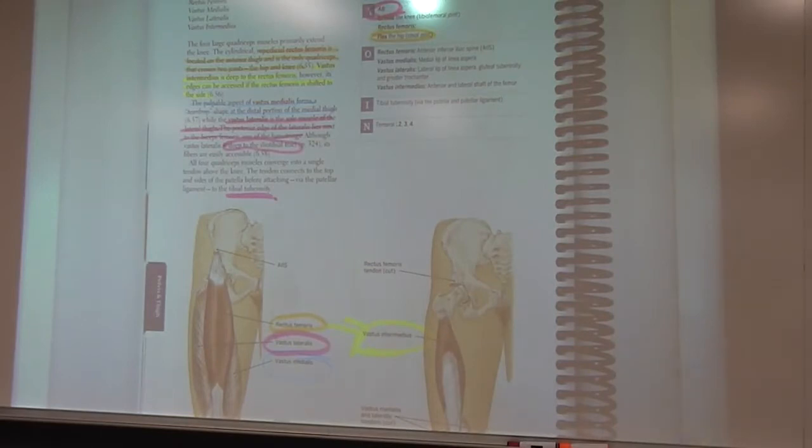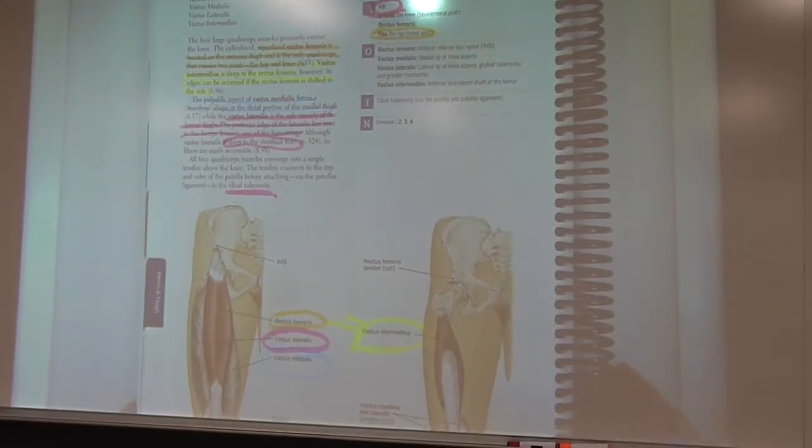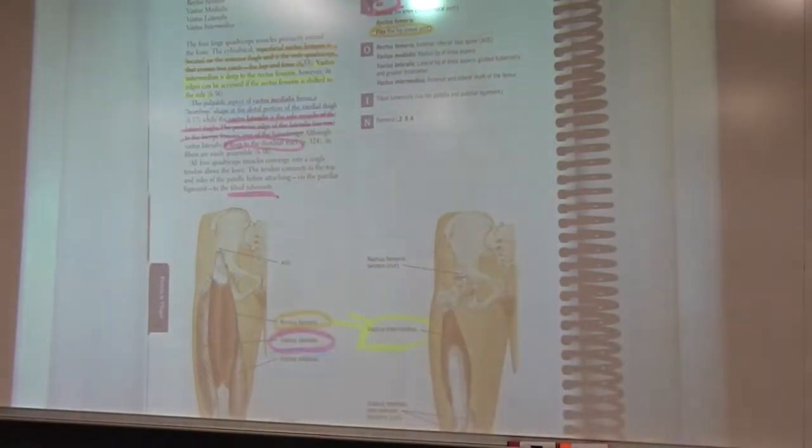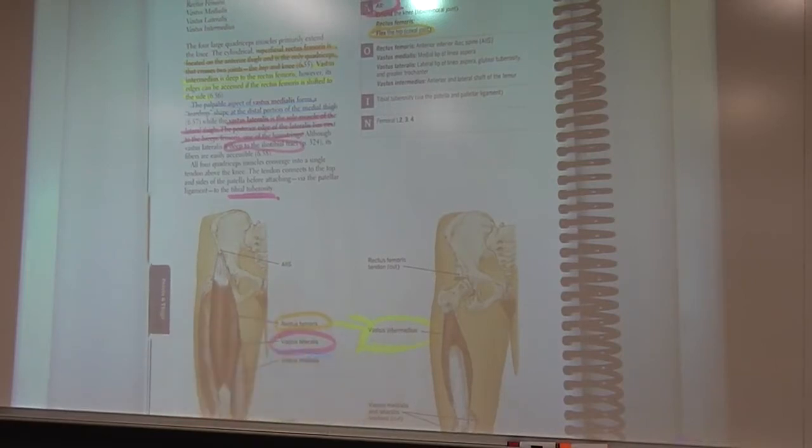So also, we can look in the paragraph and see that vastus lateralis has an edge that lies between biceps femoris, which is one of our hamstrings that we haven't talked about yet, but we will, and also it's going to meet back up with the edge of rectus femoris.